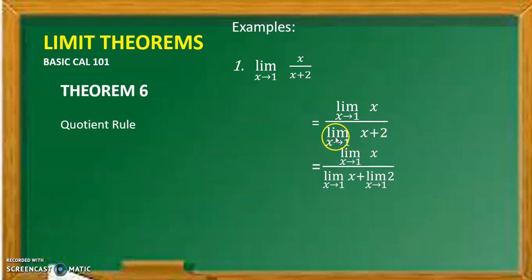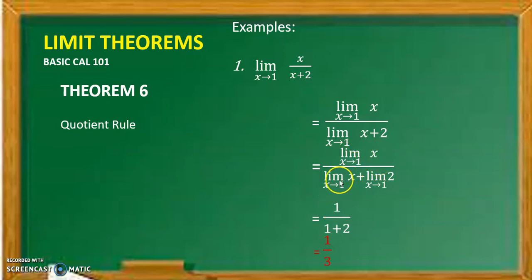By applying the sum theorem, we separate the limit of x when x approaches 1 plus the limit of 2 when x approaches 1. So we now have the constant theorem.